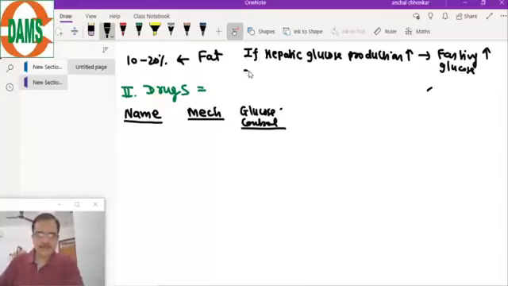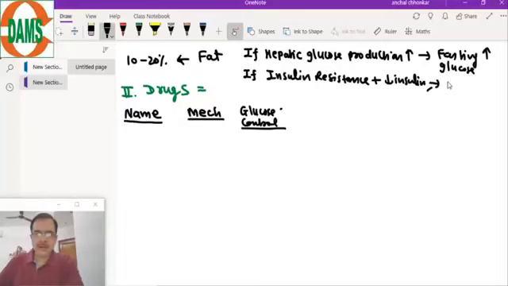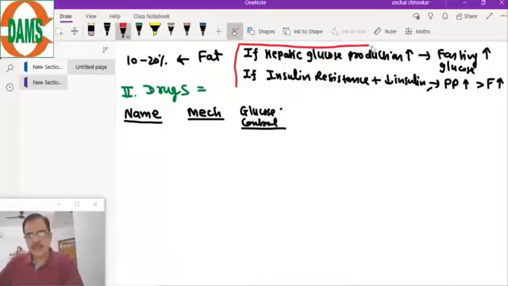And if insulin resistance plus decreased insulin is the problem, then postprandial sugars increase more than the fasting. If there is a decrease in insulin secretion, after eating food the postprandial sugars will go up drastically. And if the main problem is hepatic glucose production, fasting glucose will be high. So in certain patients, this is the concept for identifying what exactly is the main problem.